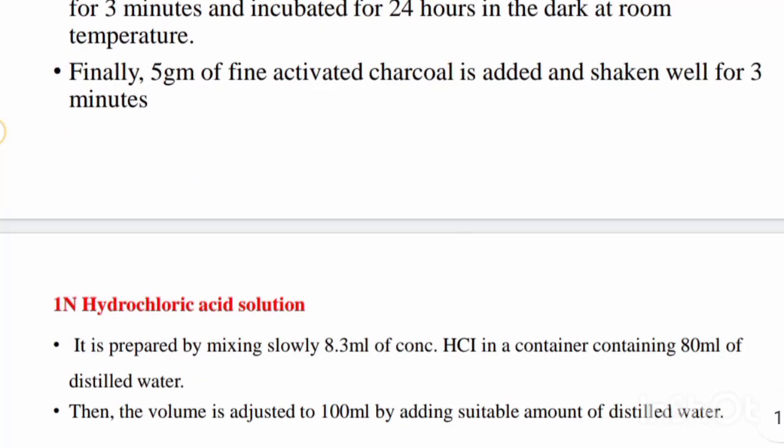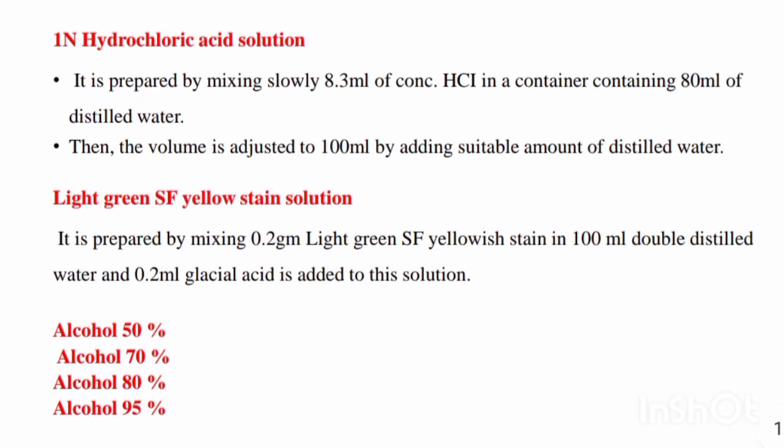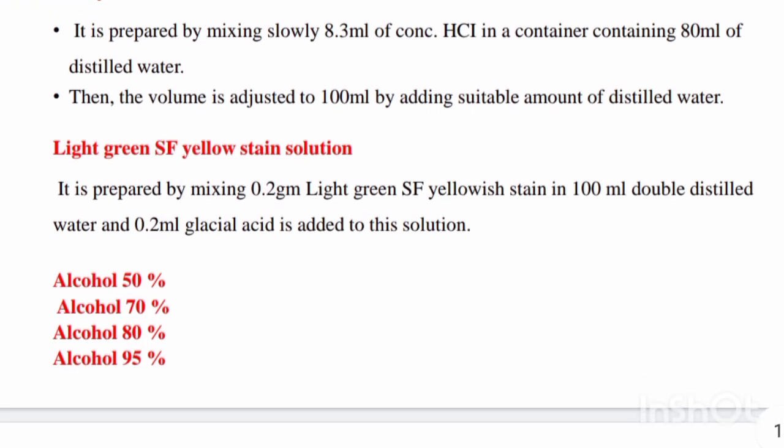Next is the 1N HCl. It is prepared by mixing 8.3 milliliter of concentrated HCl with 80 milliliter of distilled water. Then the volume is adjusted to 100 milliliter by adding distilled water. Next we have the light green SF yellowish stain solution.